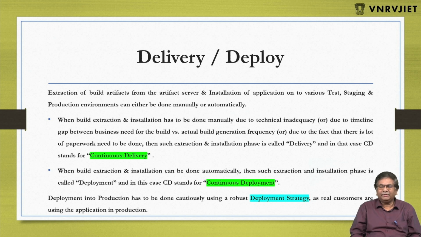So this is just what we talked about, but here we have given the various possible scenarios where we may have to resort to the manual process, which is continuous delivery.